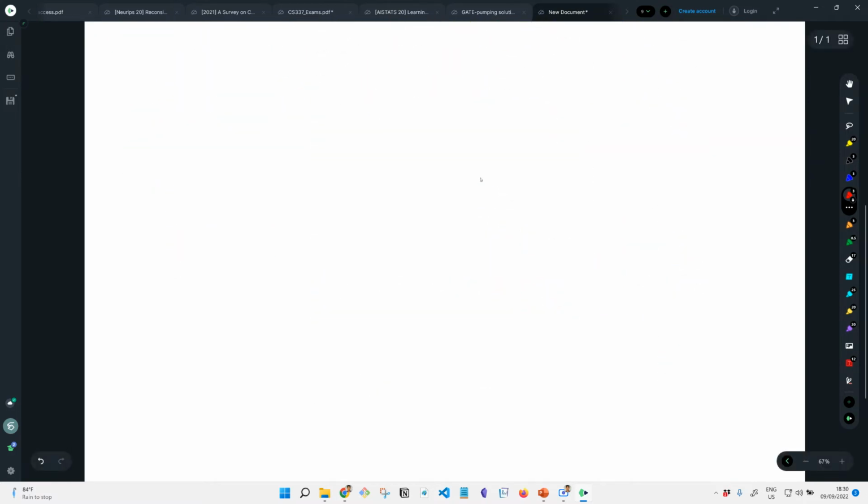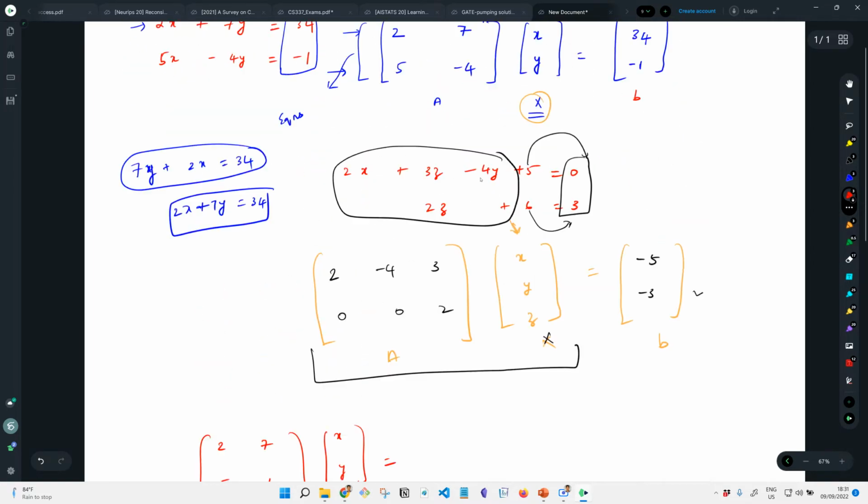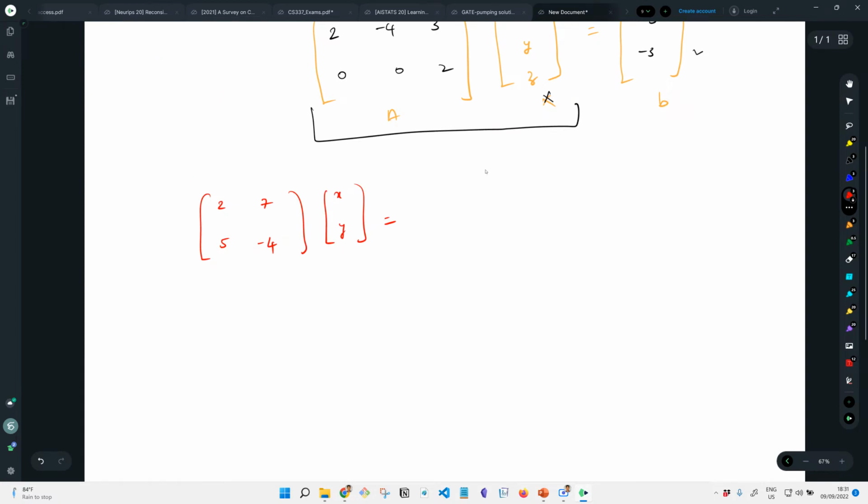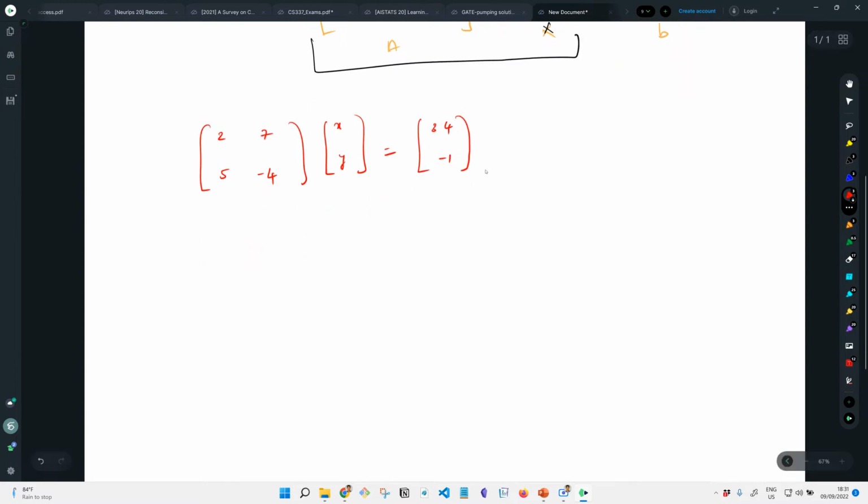That is [2, 7; 5, -4] into [x, y] equals [34, -1]. Now, this we are calling as Ax equals b.